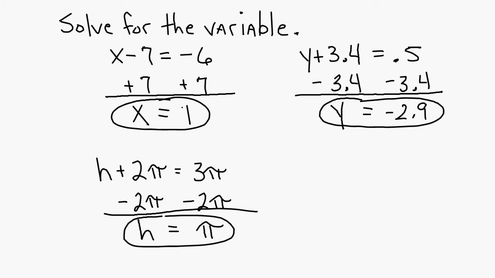All right, let's try this. Let's try your favorite. Let's do g minus 1/4 equals negative 3/4. Given operation is subtraction. Good. What's the inverse of subtraction? Addition. So we're going to add 1/4 to each side.